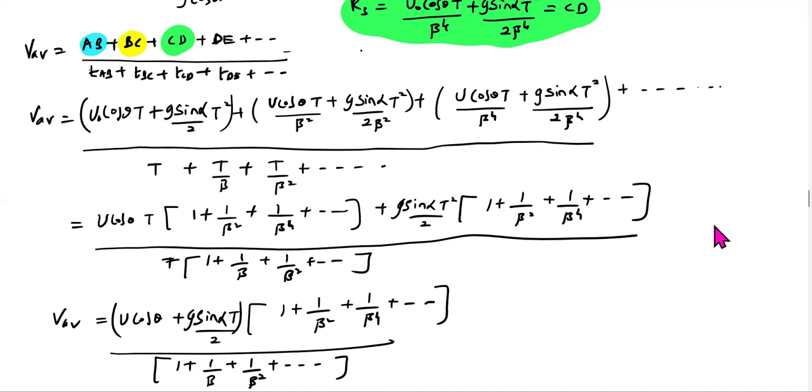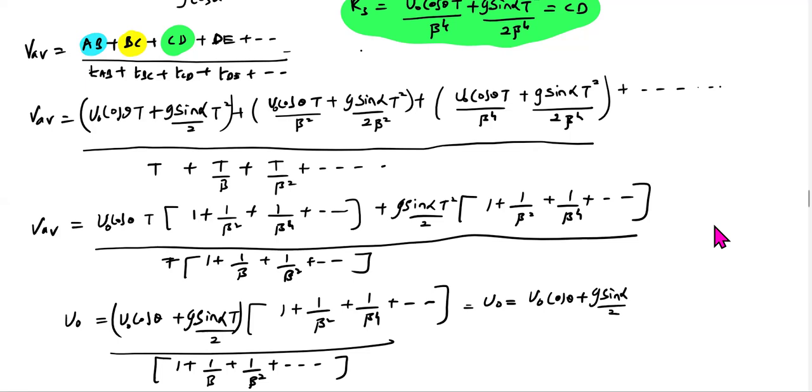We'll continue. I think this is U naught. So further, the average velocity, how much it is given, this should be equal to u naught. So the next step will be u naught is equal to u naught cos theta, g sin alpha by 2.